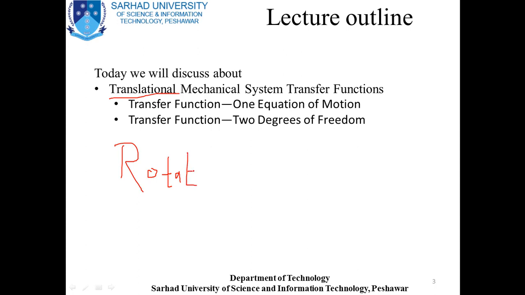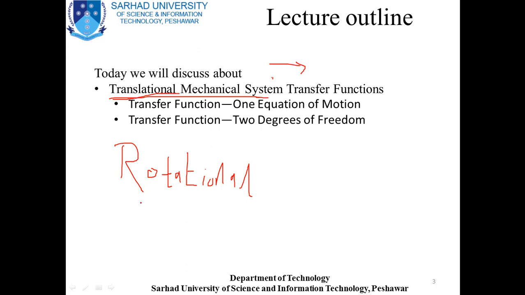Translational motion is that motion which is in a straight line. This mechanical system, or the motion of the body after the application of force, is in a straight line.